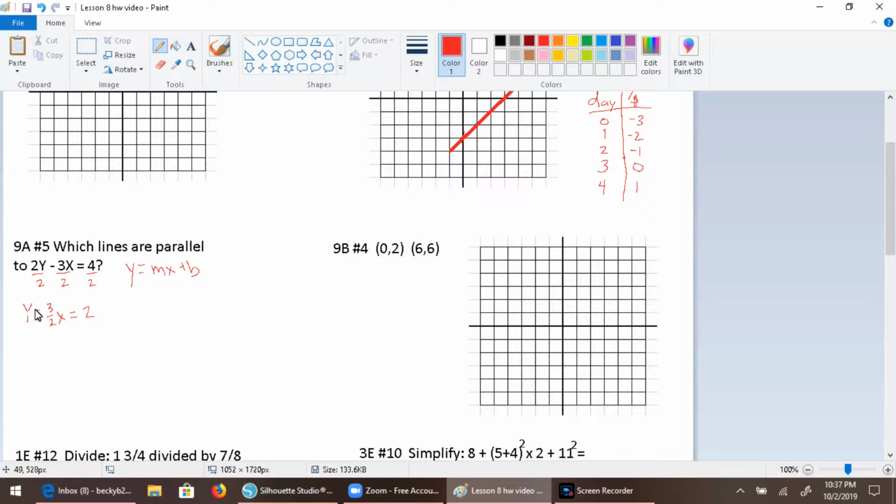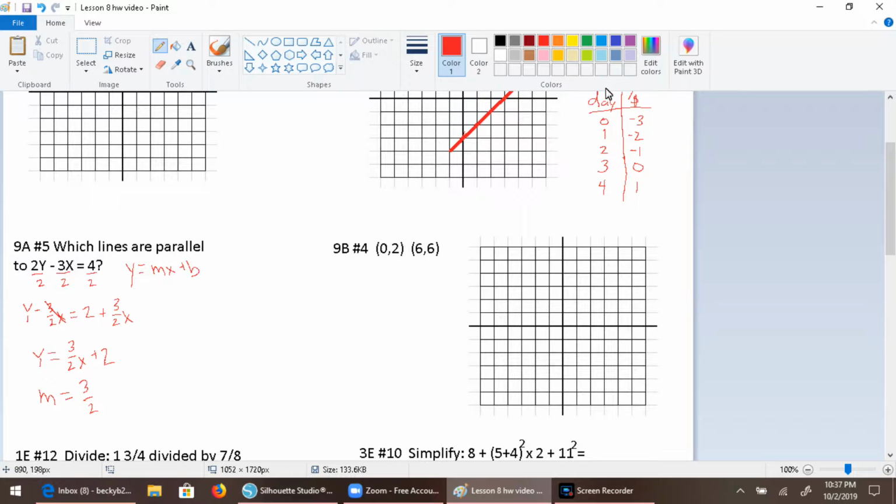Well, now y is by itself, but it has this with it, so we need to move this to the other side. So we need to add the 3/2 x. When we add it over here, it becomes 0. We've added 1. So now we have y is equal to, I'm going to switch these just so that it looks better. Because it's addition, we can commute, we can move them around. So 3/2 x plus 2. So now we can see easily that our slope is 3/2.